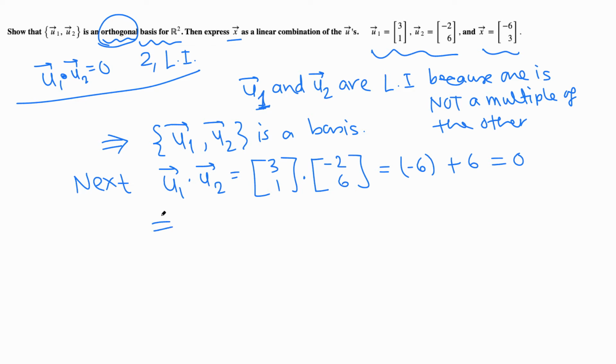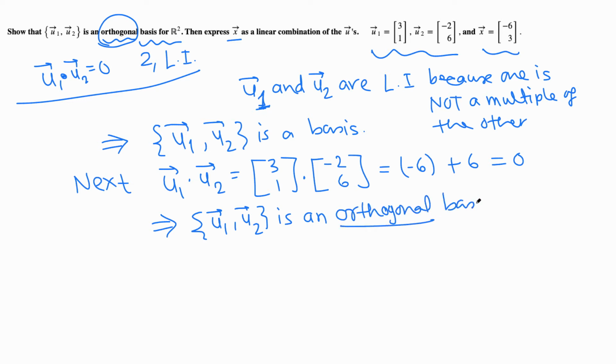That means these two are orthogonal to each other, and they are already vectors for a basis. So this implies u1, u2 is an orthogonal basis.